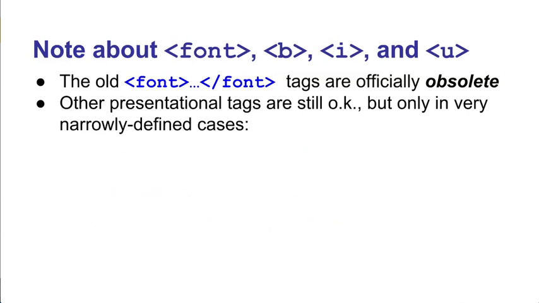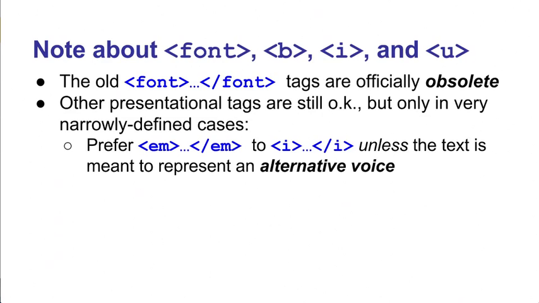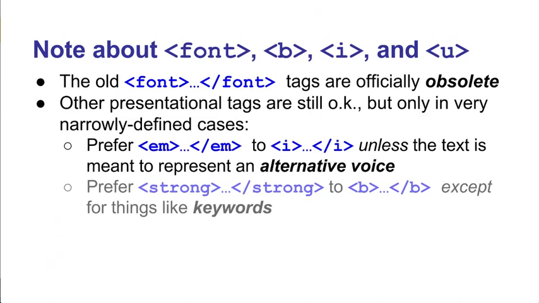Some of the other original text formatting tags are okay, but now they have special meanings that dictate when we can and can't use them. The old italics tag is now only used when text is meant to represent an alternative voice, otherwise just replace them with EM's. The old bold tag is now used for keywords like those used in blog posts.